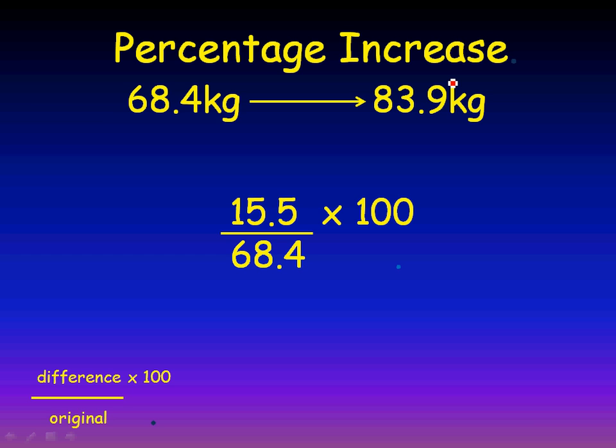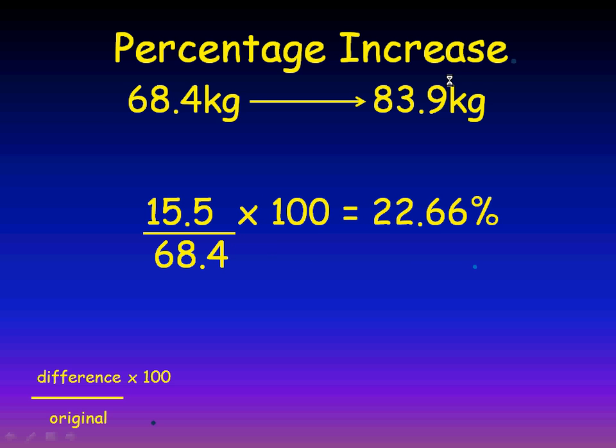If you popped all of that into your calculator, 15.5 over 68.4 multiplied by 100 would come out as 22.66%. So from 68.4 kilograms up to 83.9 kilograms, I've increased by 15.5 kilograms, which is 22.66% of 68.4. So that is how we find percentage increase.